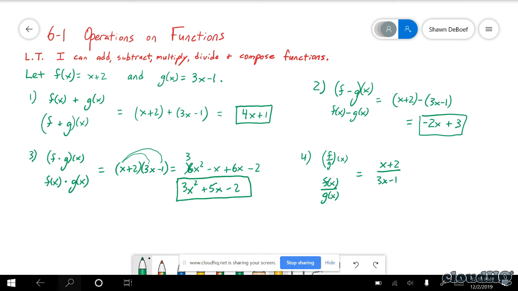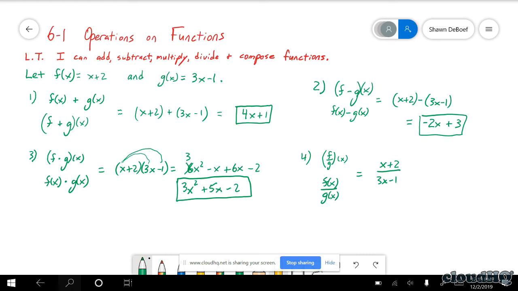But your instructions, I didn't write it here on my instructions, but your instructions will probably say something to the effect of indicate if there is a domain restriction. Is there a value, an x value, a number for x that I cannot use? I didn't bother with any of the other problems talking about that.